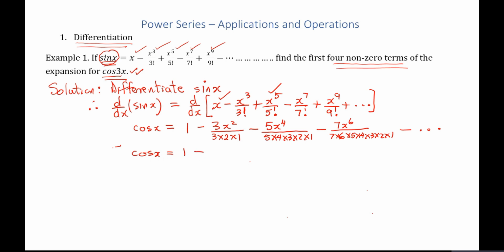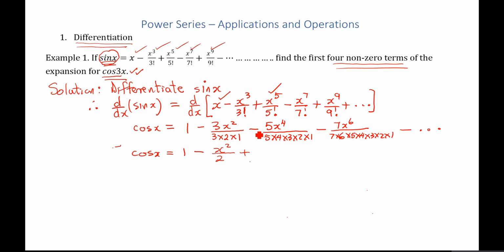Now let's have a look. 3x squared divided by 3 times 2 times 1. All the 3's are going to cancel. So I will get and obtain x squared, divide that by 2.